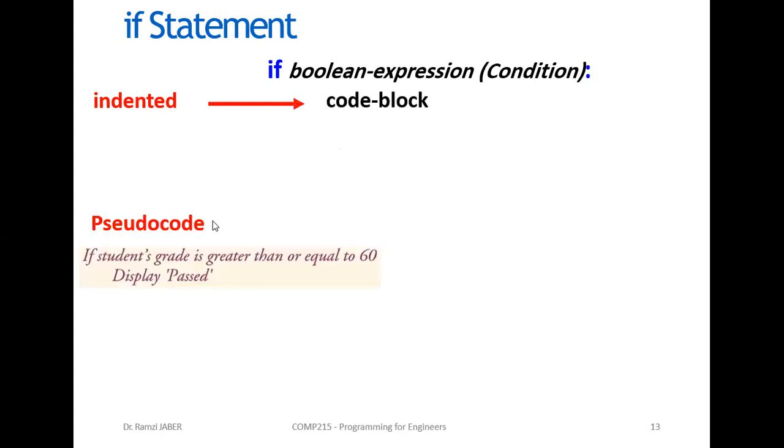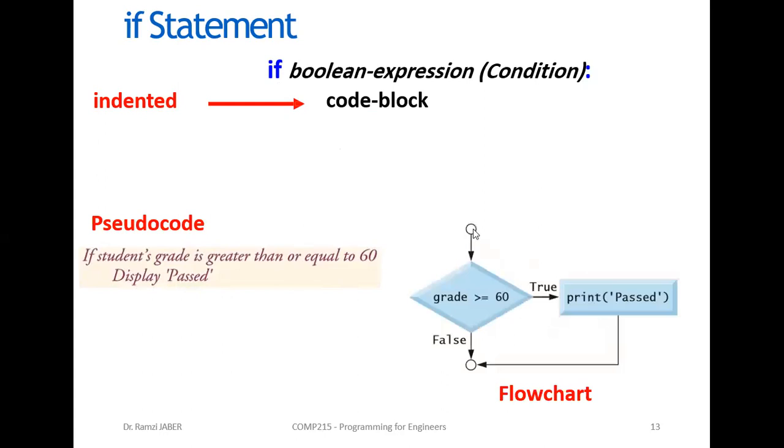Pseudocode example: if student's grade is greater than or equal to 60, display passed. This is pseudocode. The flowchart will be the rhombus, the diamond, losange in French. So if means if condition; this is the condition, greater than or equal to 60.